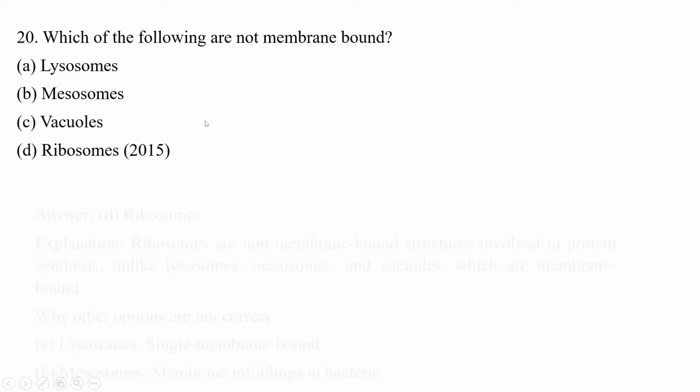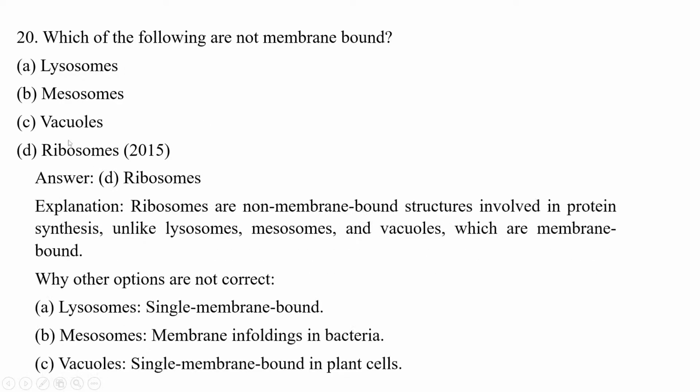The ribosome will be the correct answer, because ribosomes don't have any kind of membrane. Vacuoles have a single membrane in plant cells, lysosomes also have a single membrane, and the mesosome is the infolding of the bacterial plasma membrane, associated with respiration of bacteria. This is the explanation, and I hope it will be very helpful for your exam preparation.